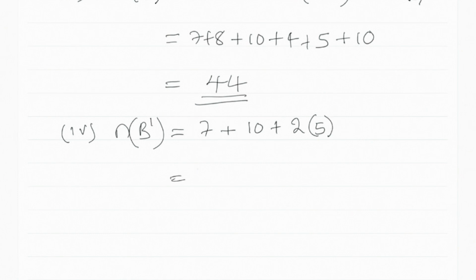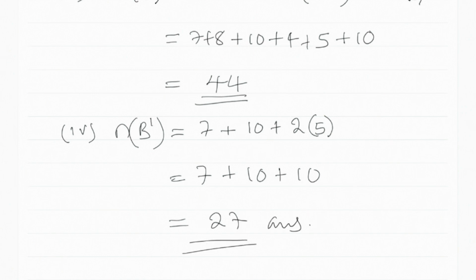When we simplify this, we're going to have 7 plus 10 plus 10, and 7 plus 10 plus 10 gives us 27 as the number of elements in the given set B complement.